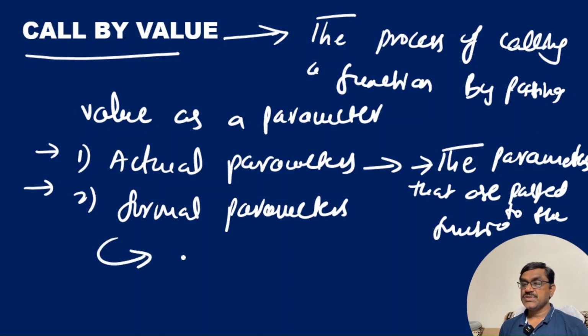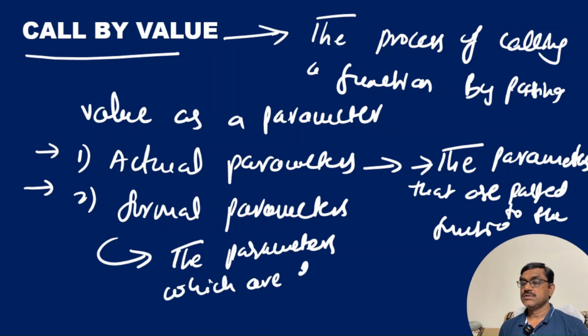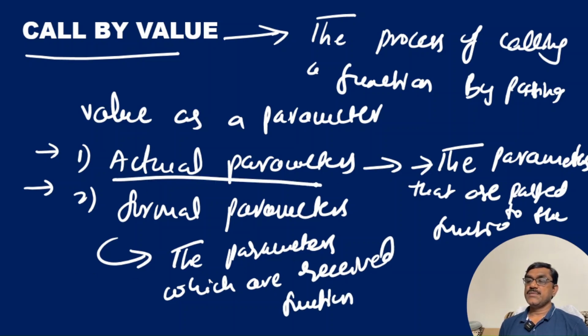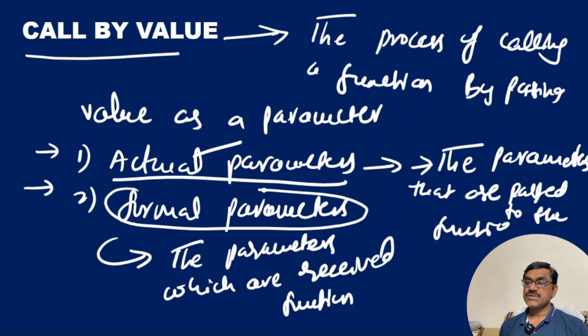These are the parameters which are received by the function. Or in another sense, I can say that the parameters which are used at the time of function calling are called actual parameters. The parameters which are used in the function definition are called the formal parameters. Right? We will see with an example.